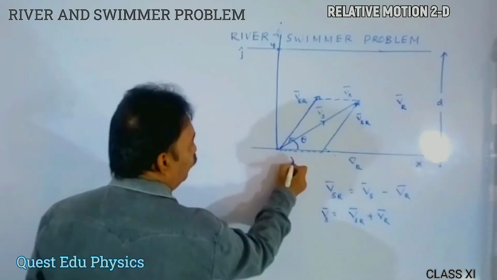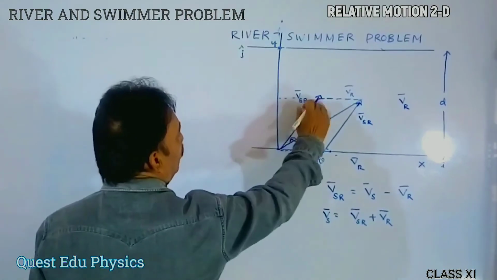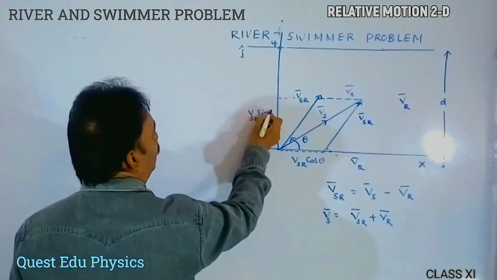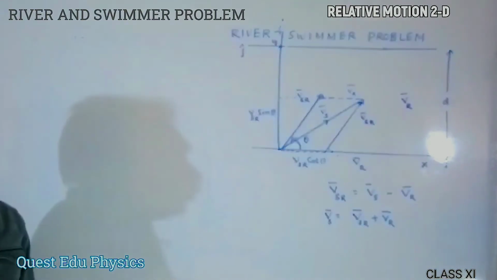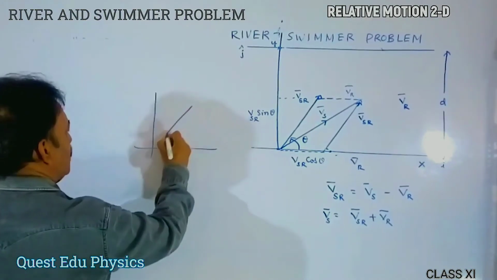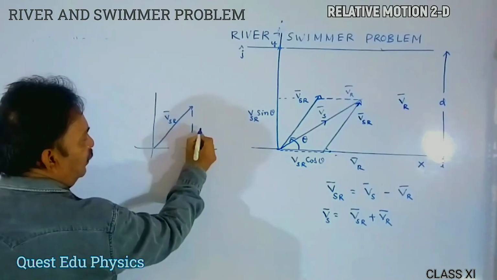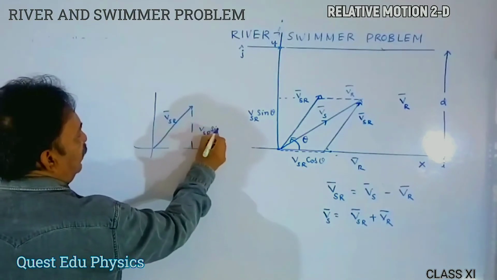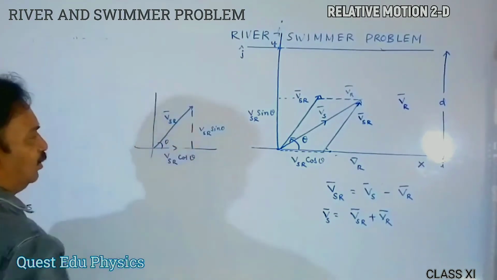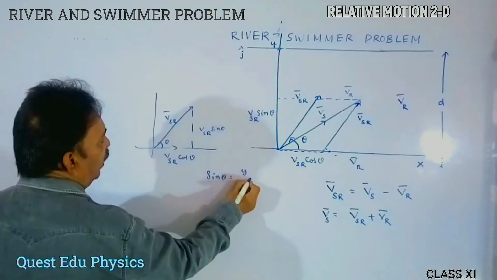Automatically, it is equal to VSR cos theta, and this component is equal to VSR sin theta. Remember, we have learnt about the resolution of vectors in the previous class. We are resolving VSR along horizontal and vertical: it is VSR cos theta and VSR sin theta. Here, sin theta is equal to opposite by hypotenuse.